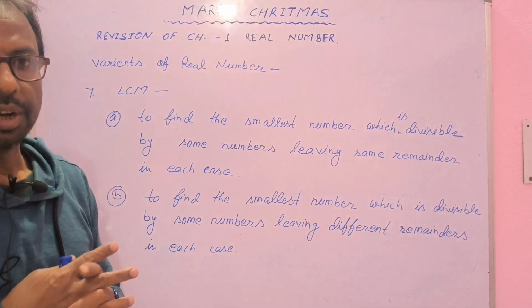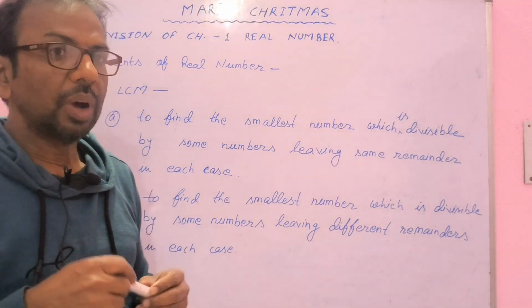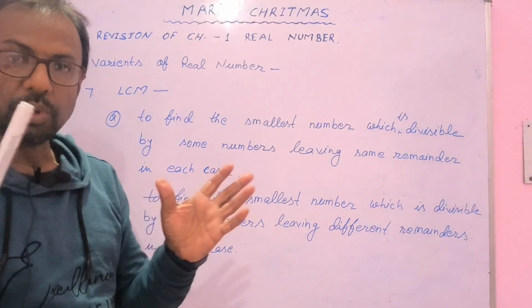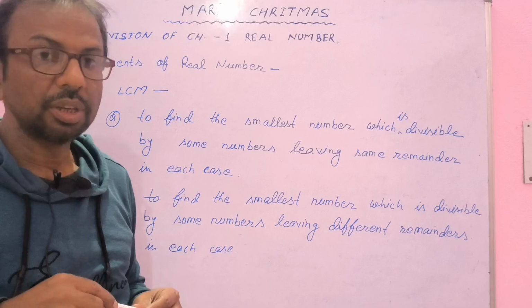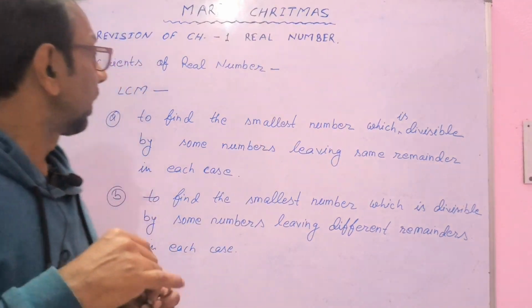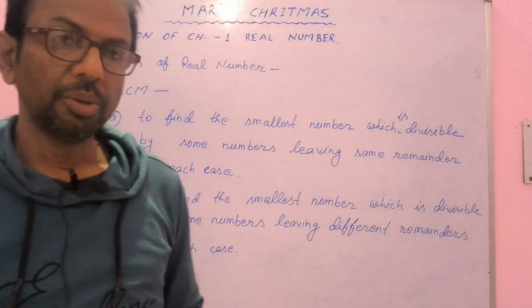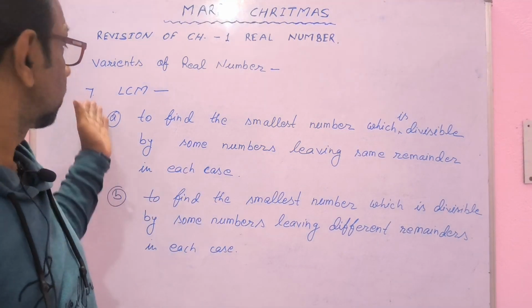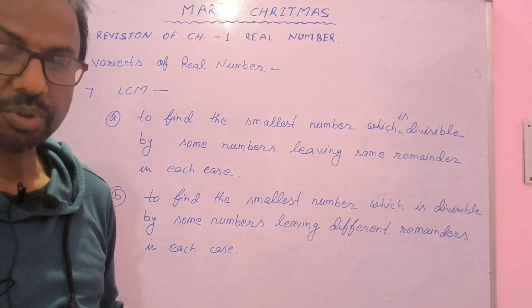So the questions are related to HCF and LCM. If you are asked to find the largest, you will find the HCF, and if you are asked to find the smallest, then you will find the LCM. For better preparation of this chapter, you must practice all these 7 variants from NCERT and your reference book.